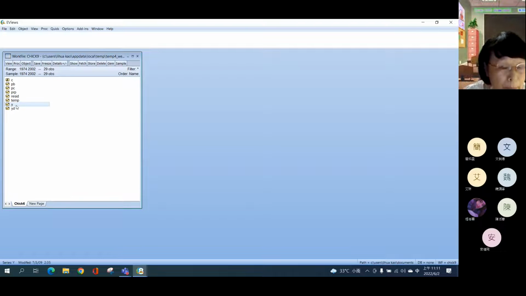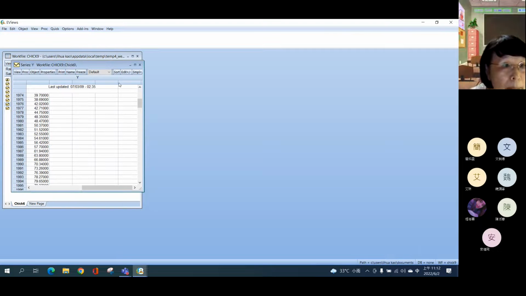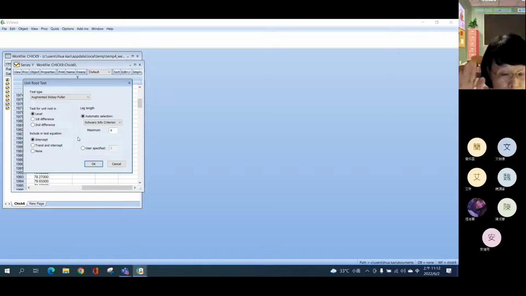Just the Y variable. If you do PB, PC, or YD, they're all the same; we have the same situation. Let me show you the Y first. If we want to do the unit root test, the critical value will be different, depending on the sample size and the different version.